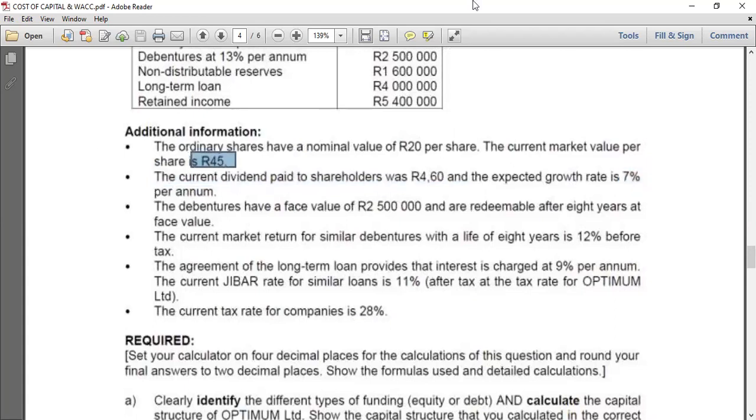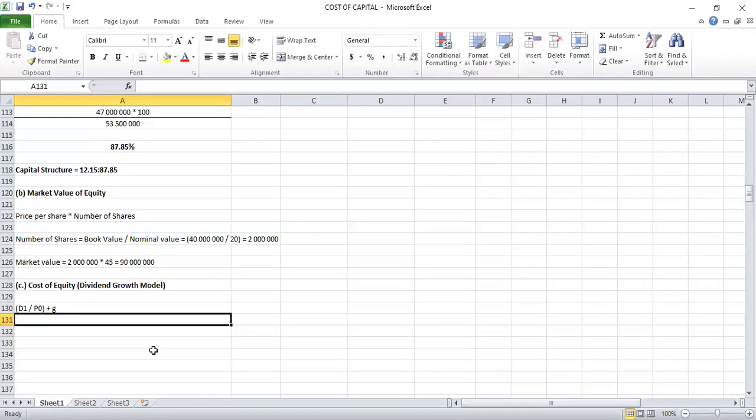So we're going to say 460 times 1.07 to increase it by 7%. Then we divide by 45, the share price, then plus 0.07.